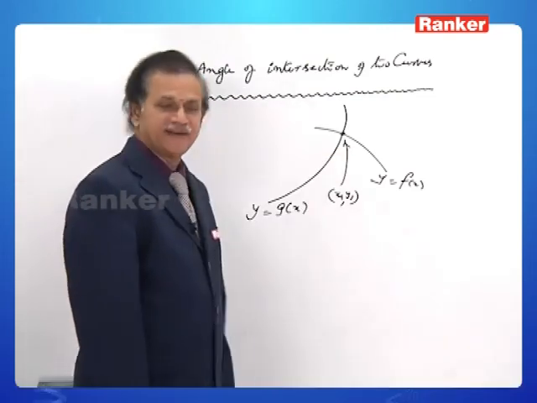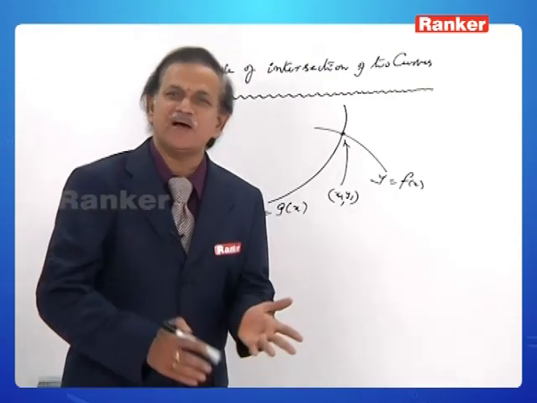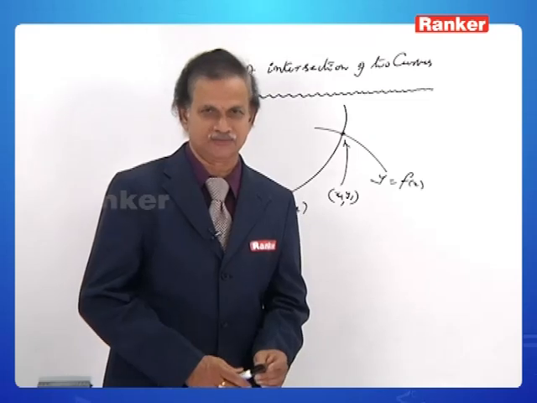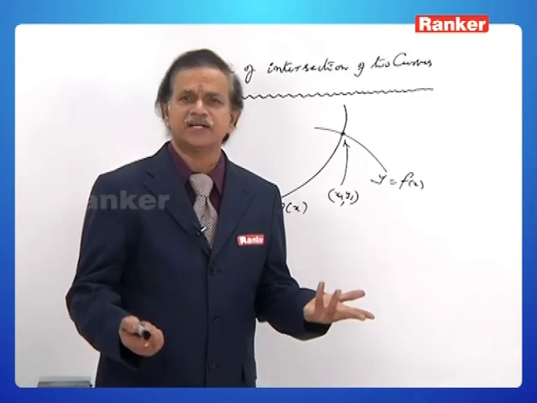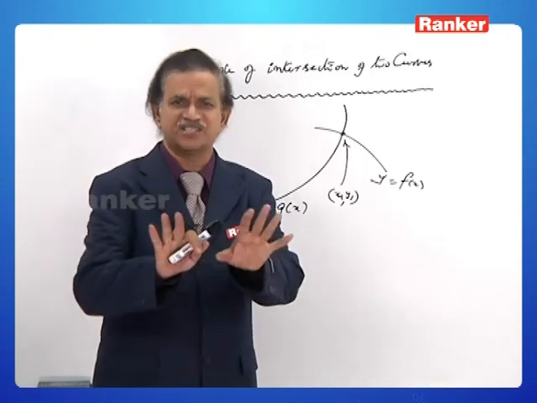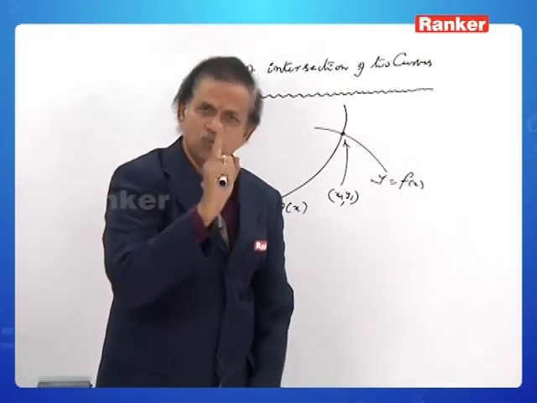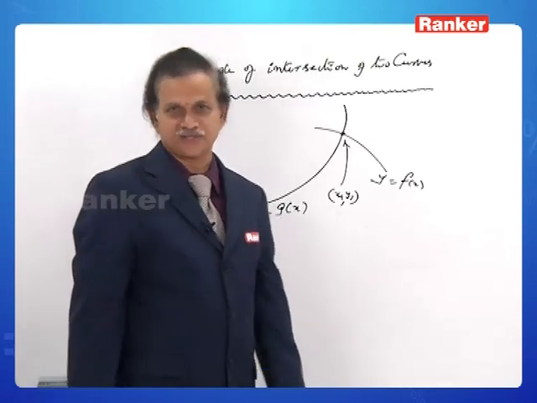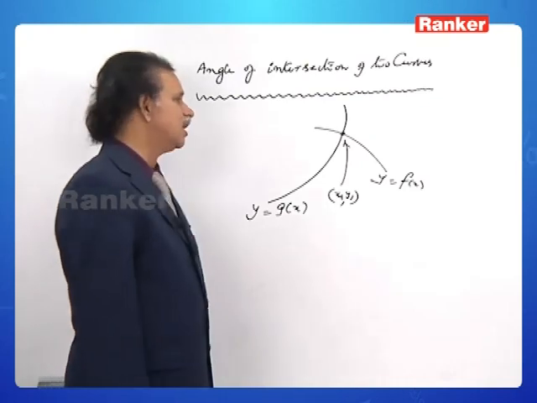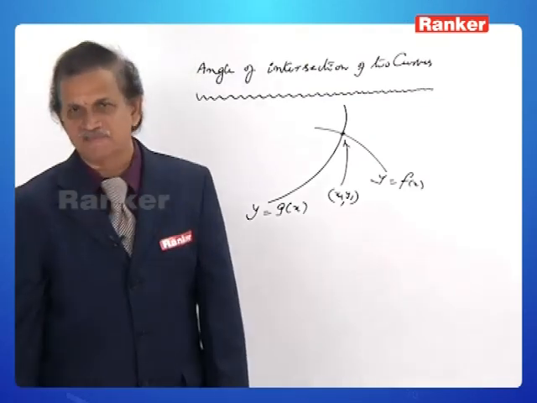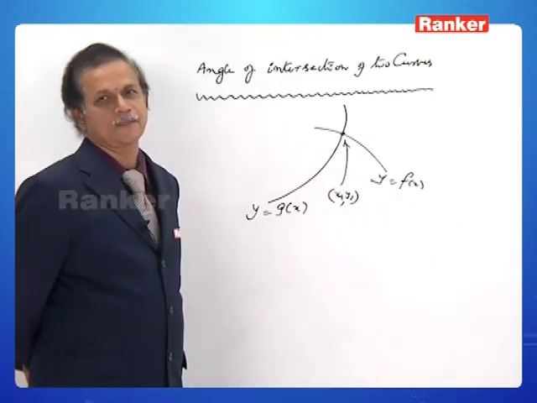These are meeting at a point x1, y1. That is, x1, y1 is one of the points of intersection of the 2 curves. Two curves may intersect at more than one point, but we do not bother about that. Let us consider one such point of intersection.